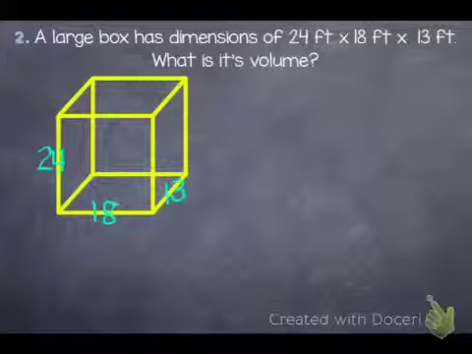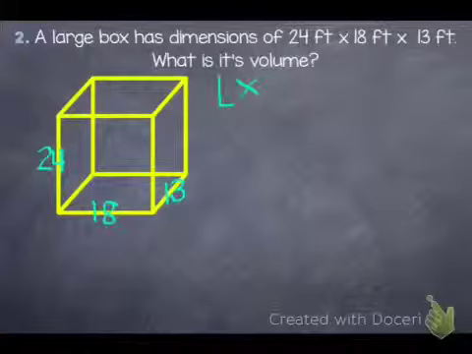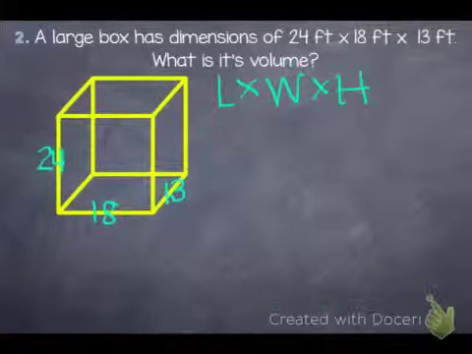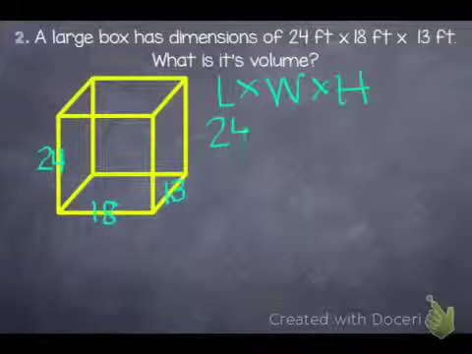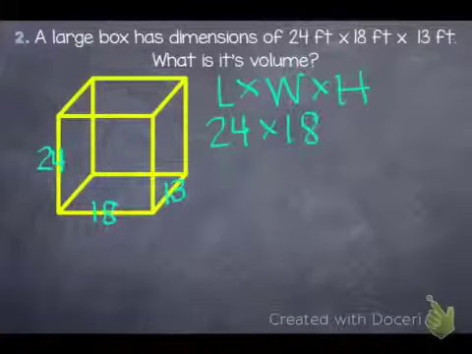So remember that to find the volume of just any prism, we want to find the area of the base and then times the height. But for a square or rectangular prism, it would just mean doing your length times width times height. So we're just going to bring in our 24 times 18 times 13.